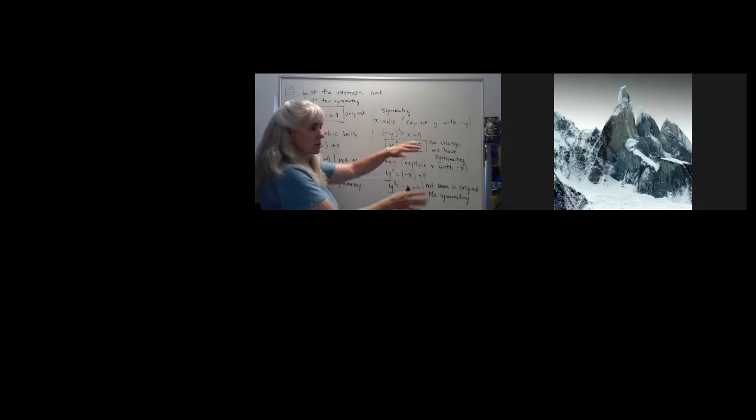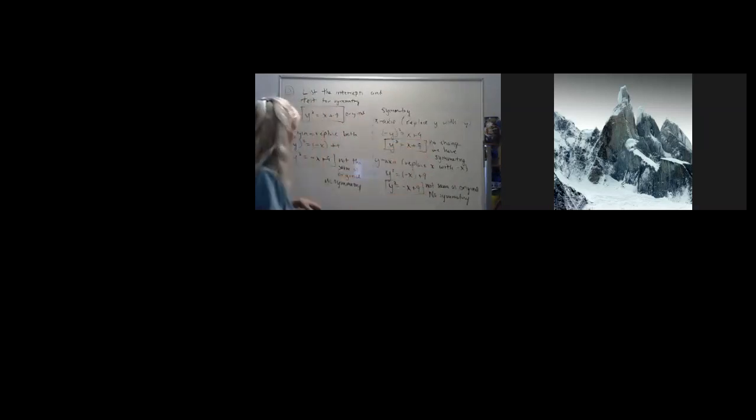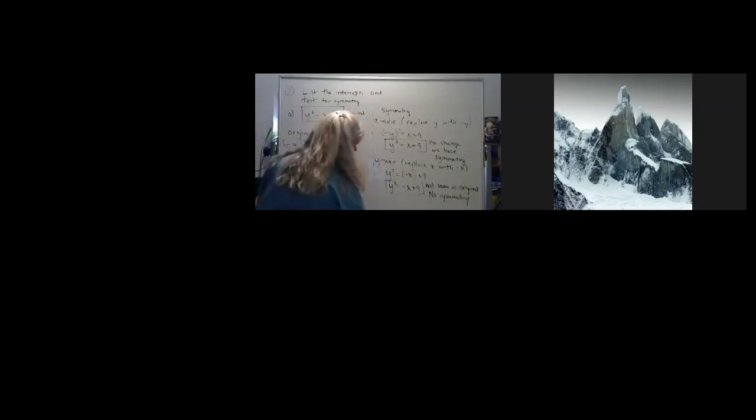So again, what you're after is those mirror image points. So back over here, when we replace for the origin, you replace both the x and the y with a -x and a -y. And we see that we do definitely have a change in the equation. So it's not the same as the original, which means no symmetry. So it's kind of a weird test because you're looking for something to have no change for it to have symmetry. Okay, let's do another one because I think these you need a lot of examples on.